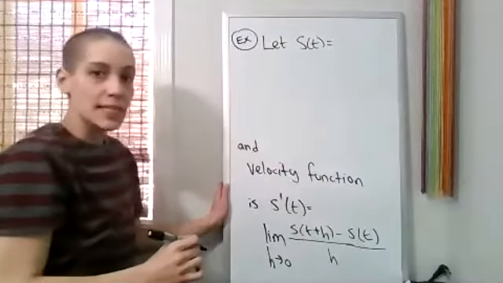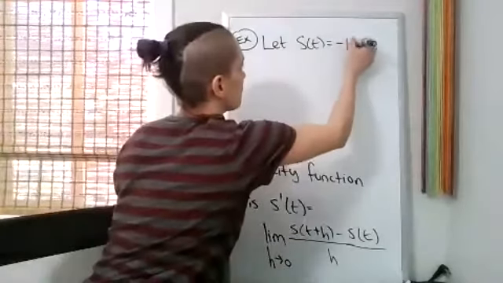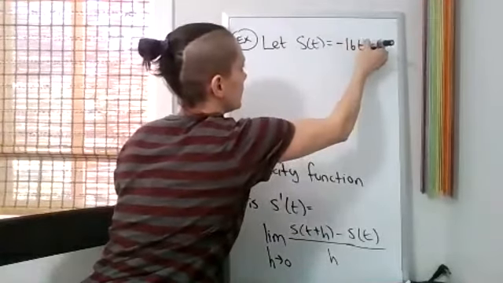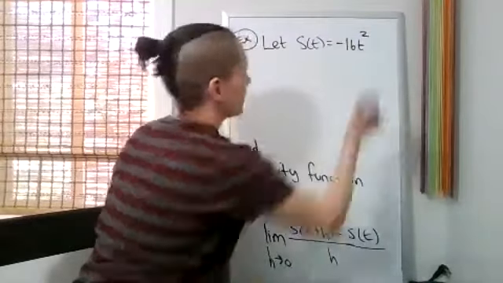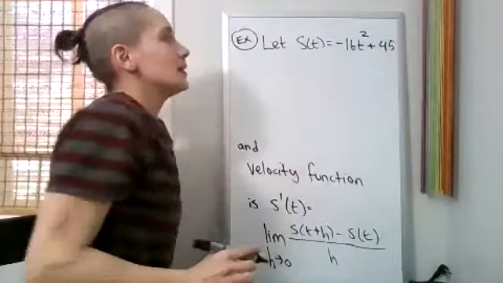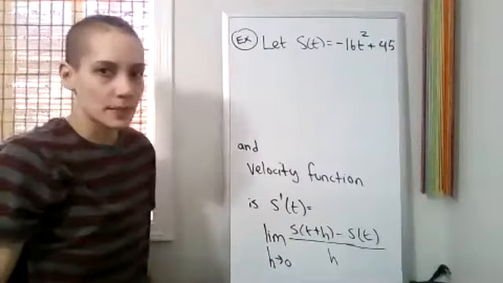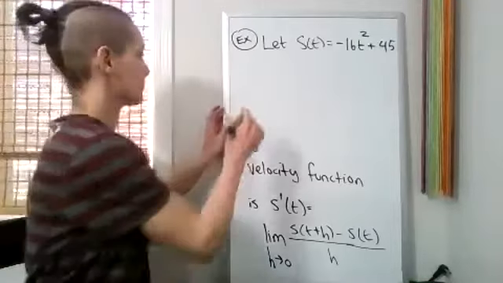S of t is negative 16t squared plus 45, add 40. Find the velocity when t equals 1 second.